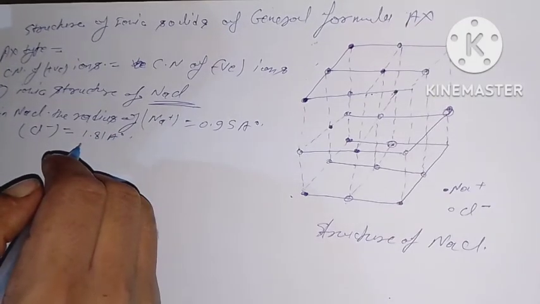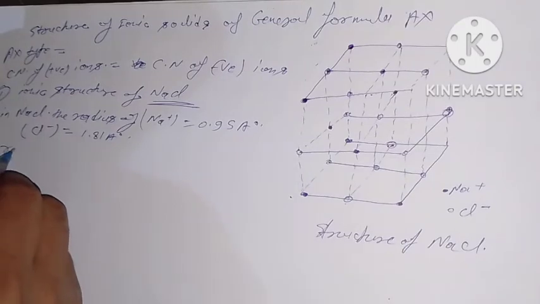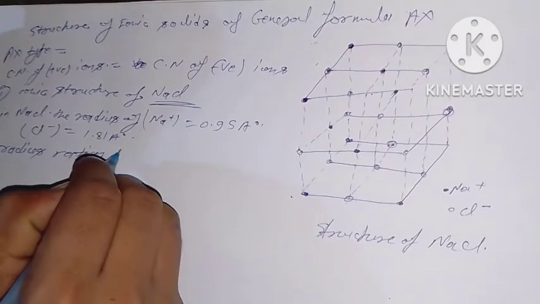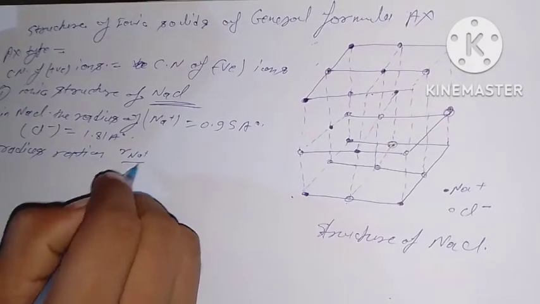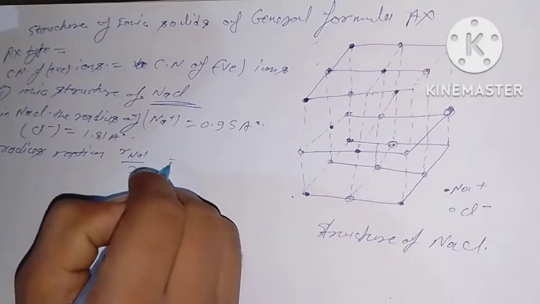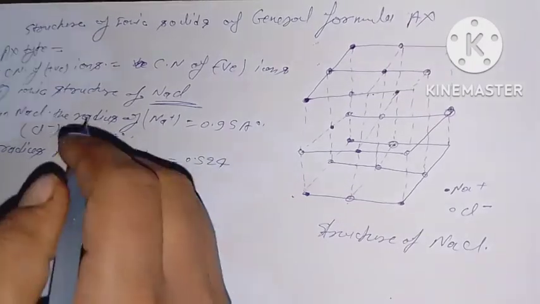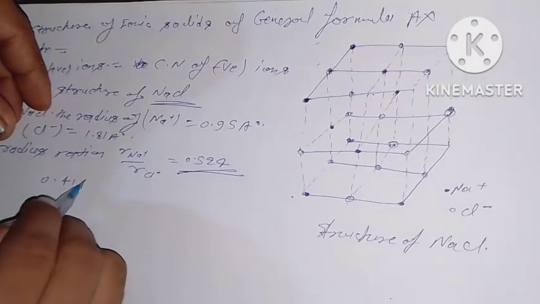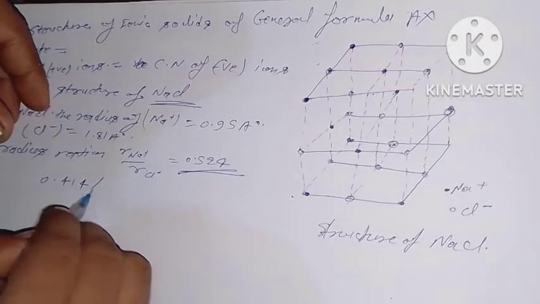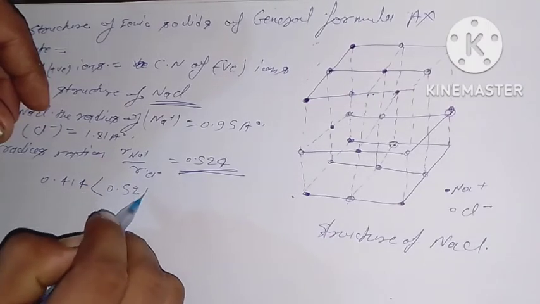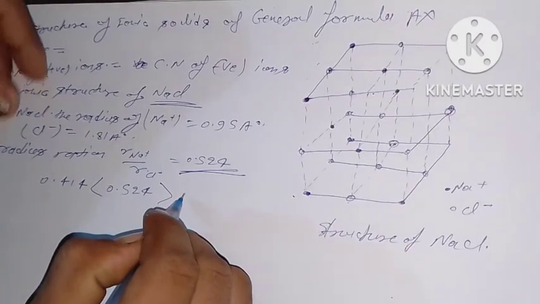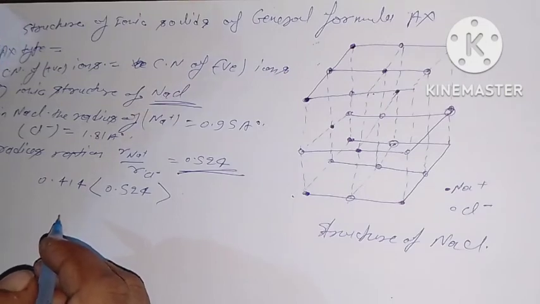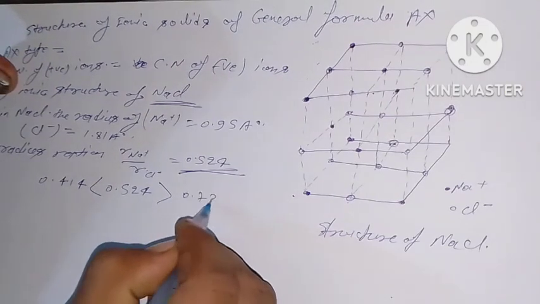Thus the radius ratio of r Na positive ion upon r Cl negative ion is 0.524, which lies between 0.414 and 0.732.